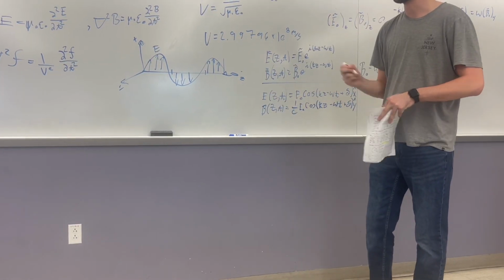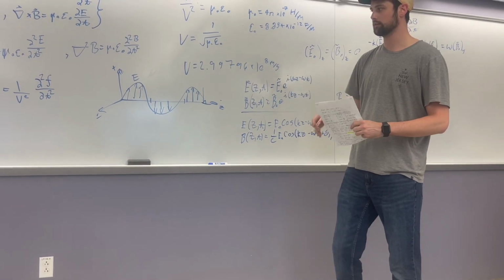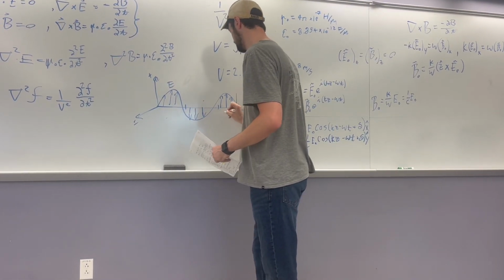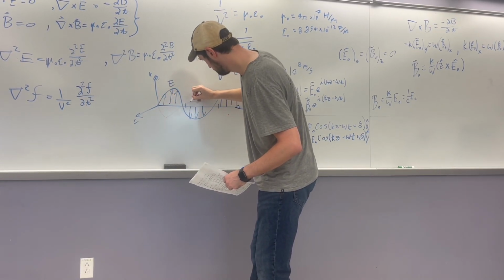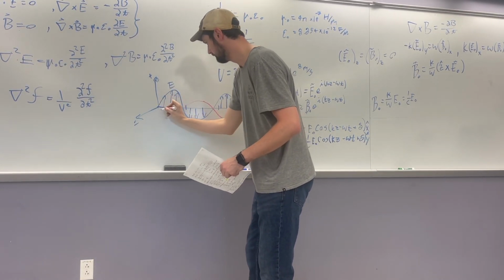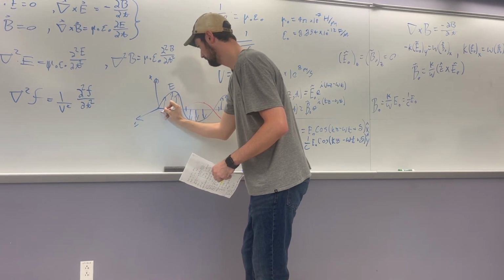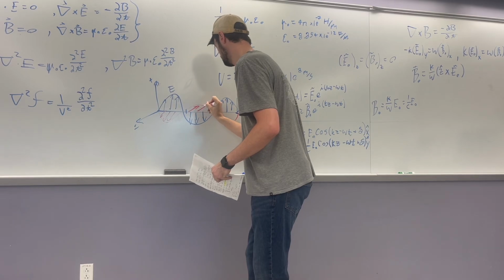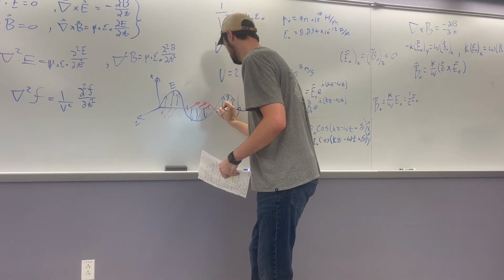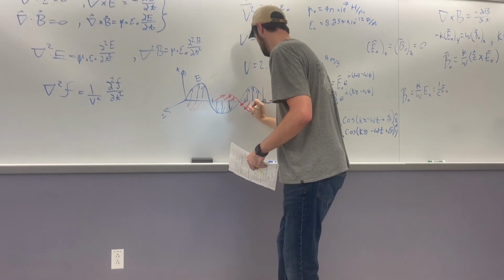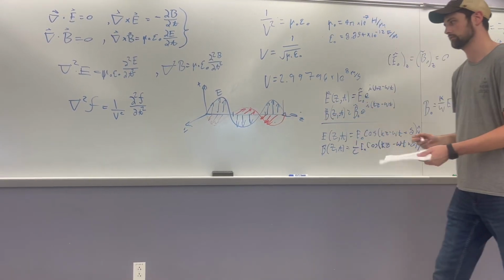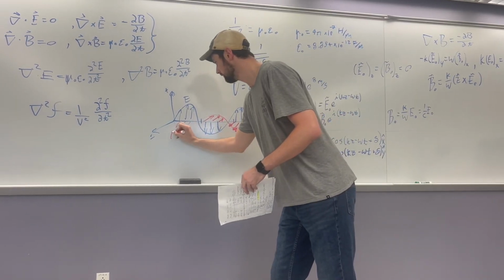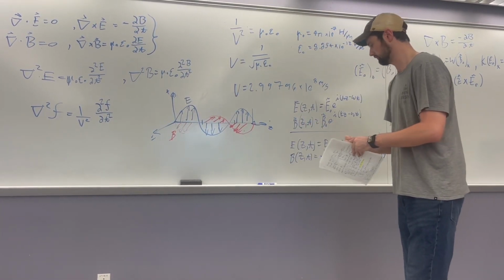Because the magnetic field wave has to be perpendicular to that, we can describe it as moving in the y direction. It's a little difficult to draw, and that's not the best drawing you've ever seen, but that is our B field in red, and that is our E field in blue.